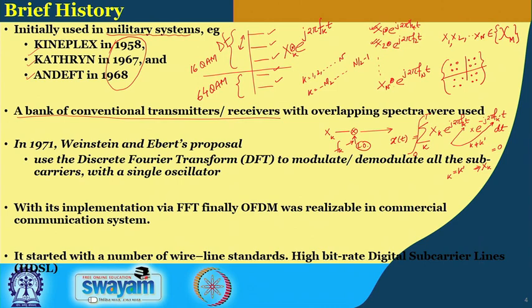A digression from this particular discussion, but absolutely in context: what you can also visualize is what we talked about in the spread spectrum system. Essentially, this particular signal that we are multiplying is acting as a spreading signal. One can think of it in that manner also.